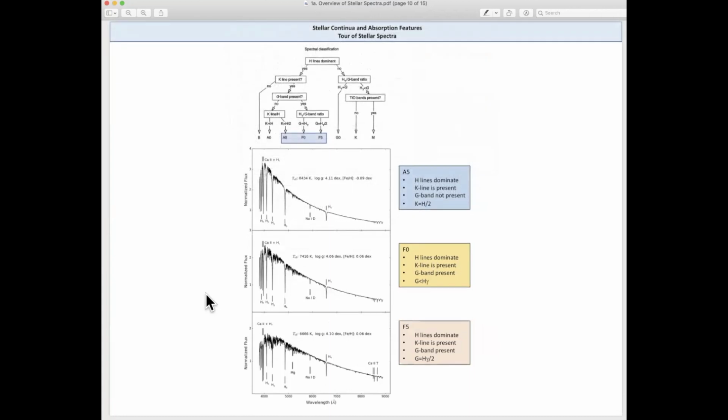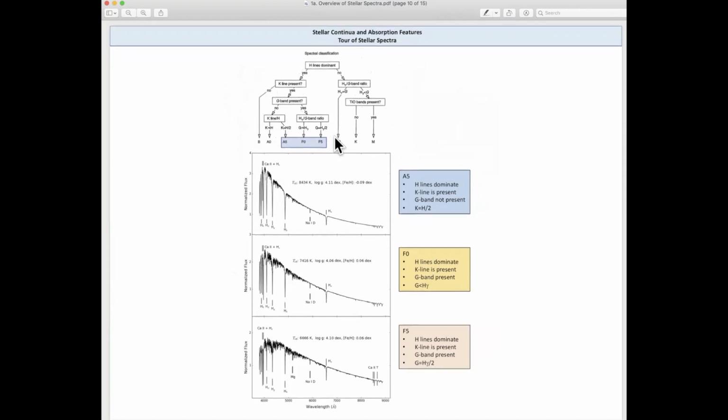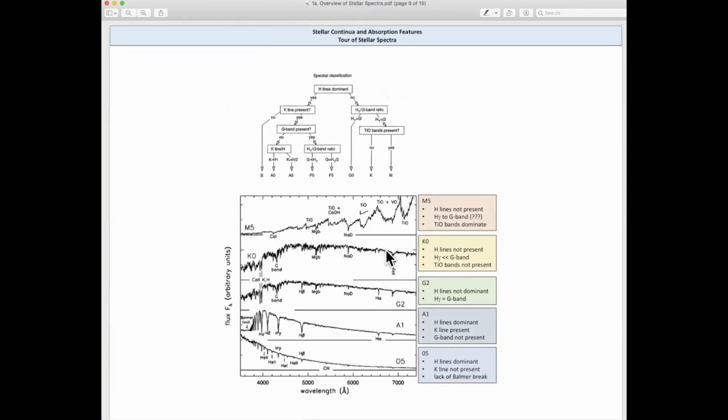Here's some more examples, because obviously these were cool stars, plus an O star down here. We could do the O star. Are the H lines dominant? Well, they certainly are there, and I would say they do dominate compared to the other lines. Is the K line present? The K line is right here.